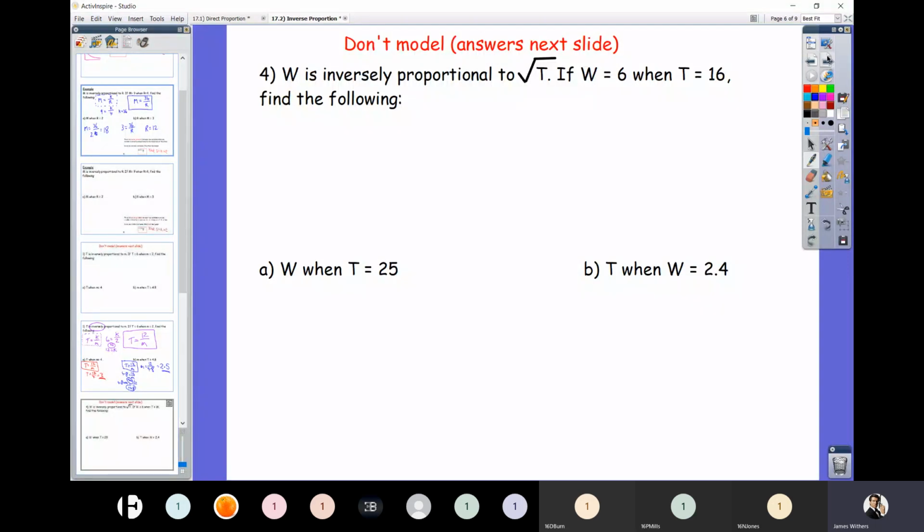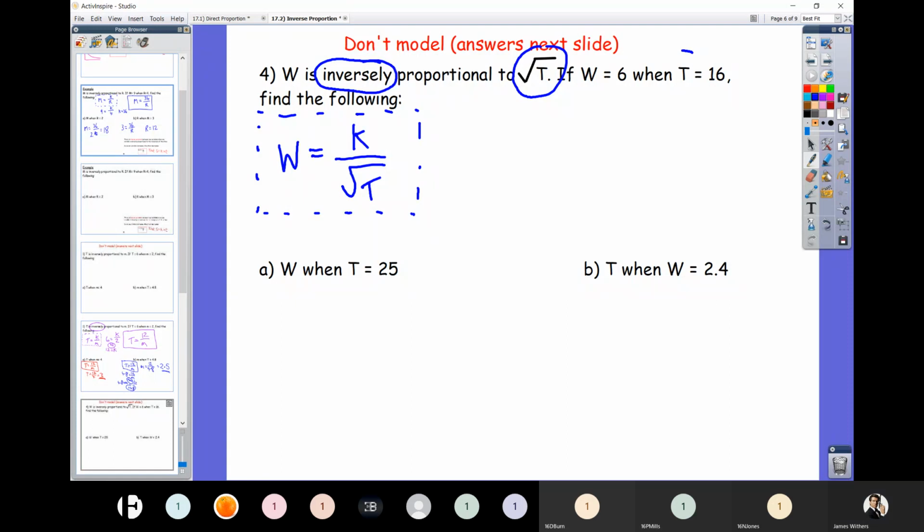Okay, so W is inversely proportional to the square root of T. So your provisional formula is going to be W equals, now because it's inversely proportional, it's going to be K over something. And on this occasion, they're telling us it's the square root of T. So there's your provisional formula. Where's the information allowing you to work out K? There it is.